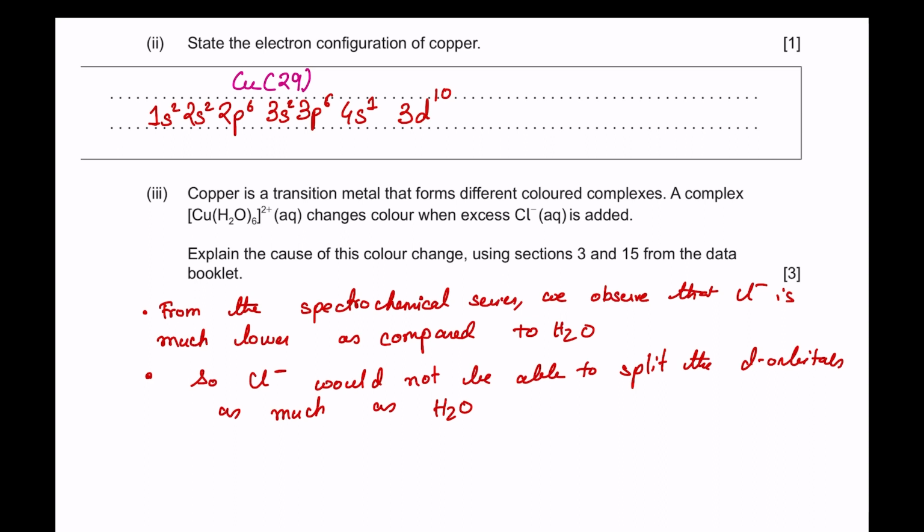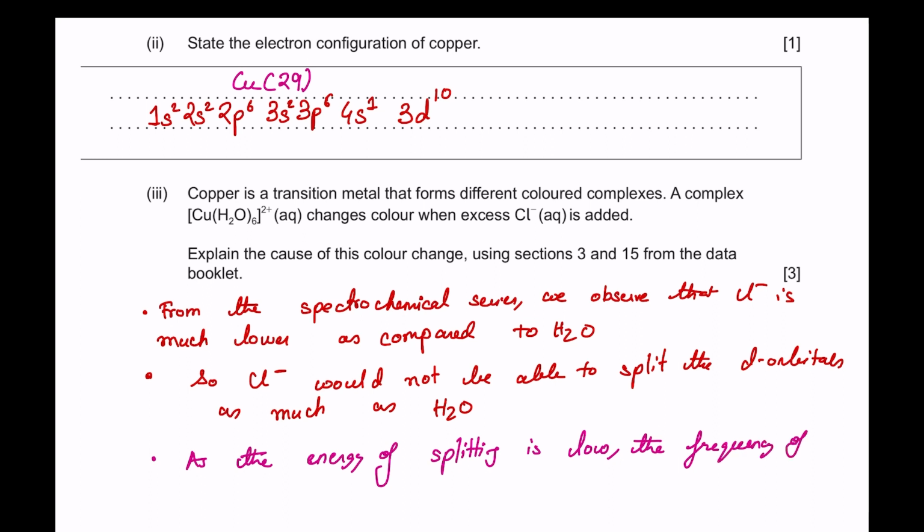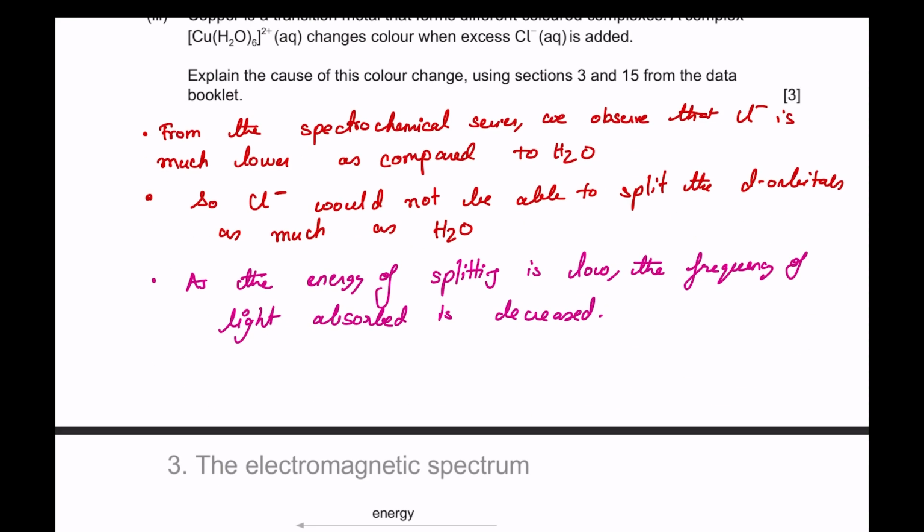So the difference of energies of these two sets of d orbitals will be low. As the energy of splitting will be low, the frequency of light absorbed is decreased. That's the answer to part 3.